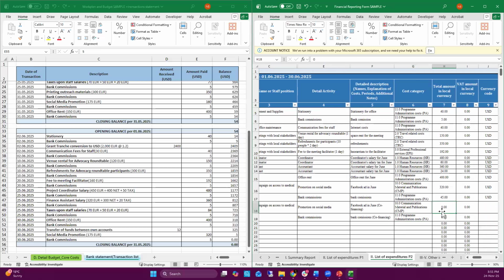And we show this extra amount with the minus, like it will be minus 4 for this line and minus 5 for this line.